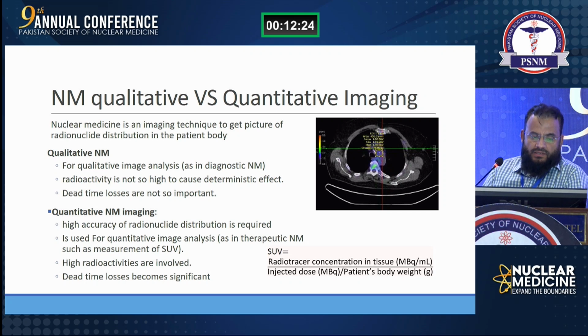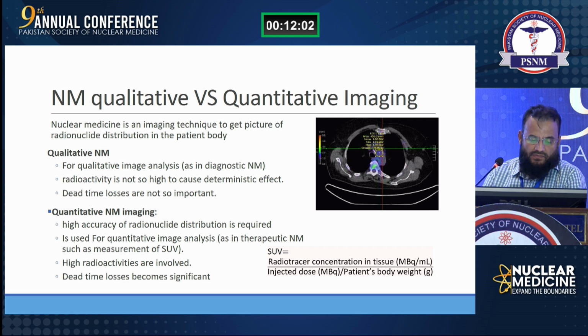Nuclear medicine scans may be qualitative or quantitative. There are two types of nuclear medicine imaging: one is qualitative and the other is quantitative. For qualitative image analysis, as in diagnostic nuclear medicine, radioactivity is not so high as to cause deterministic effects, so dead time losses are not so important.